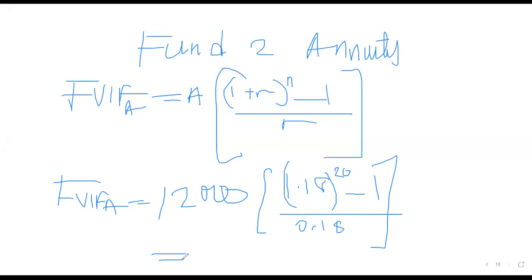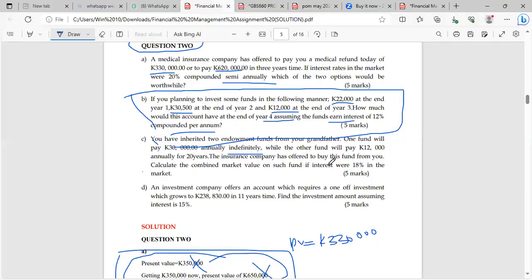So we should get 1,759,535.64. Because the other fund pays annually for 20 years.